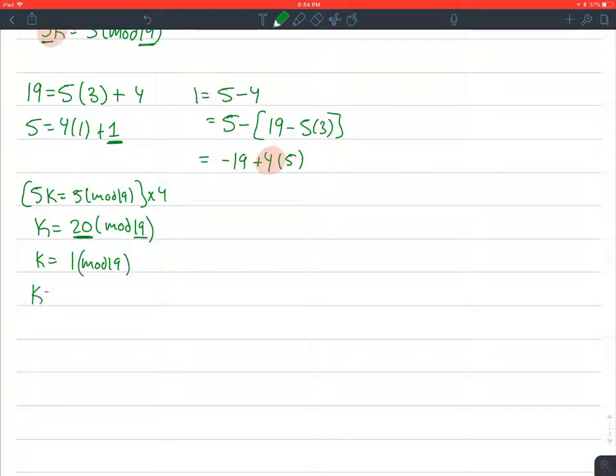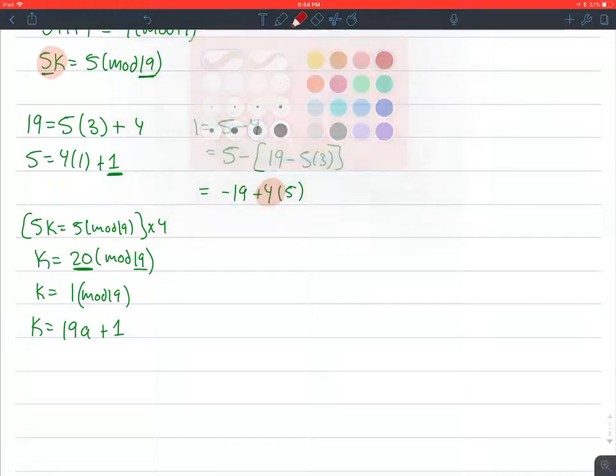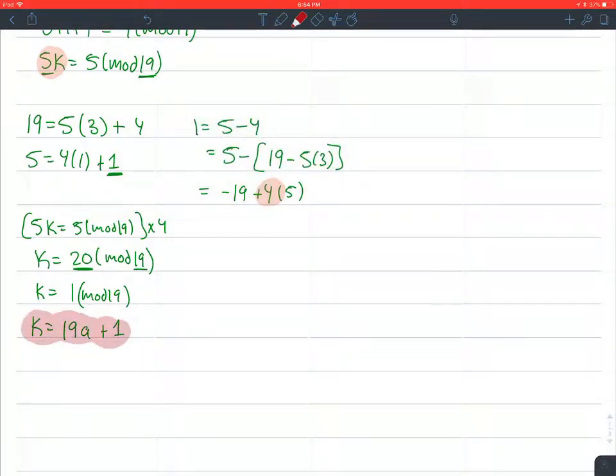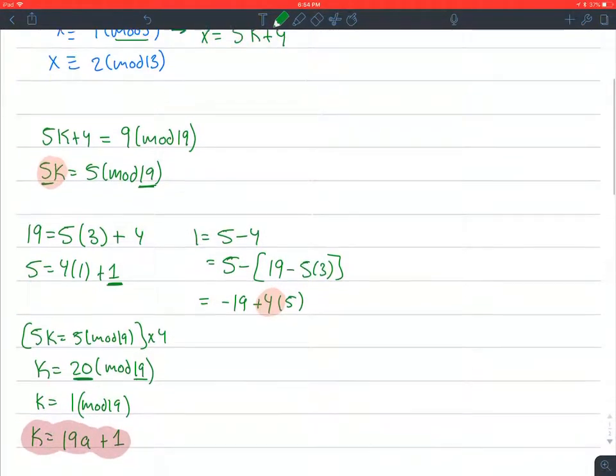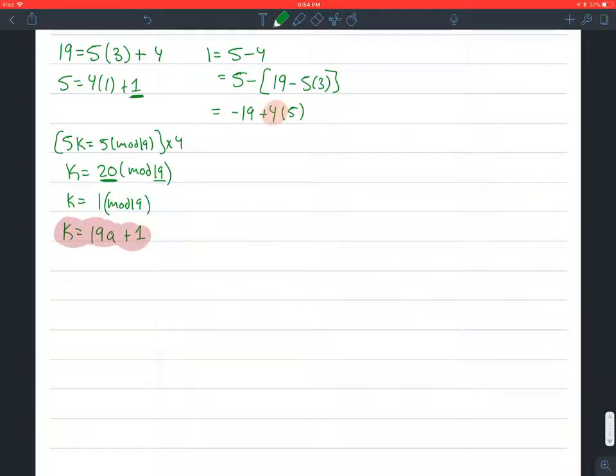I can rewrite this further as k equals 19, and I'm going to just use the variable a, plus 1. So now we have this equation, k equals 19a plus 1. You're going to go back and substitute it into this equation, x equals 5k plus 4.